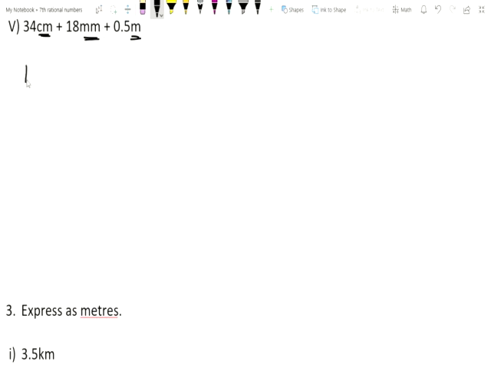First you write the order: kilometer, hectometer, decameter, meter, decimeter, centimeter, millimeter. Here centimeter, millimeter, meter are given, and millimeter is the smaller unit. So centimeter and meter I am going to convert into millimeter.